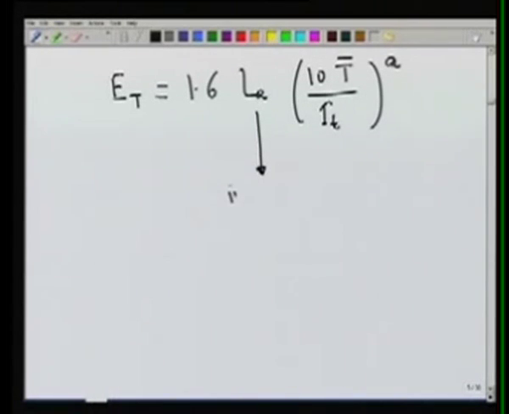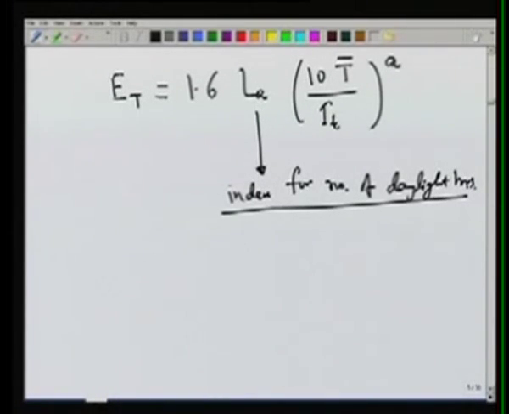L_a is an index for number of daylight hours, which, as you can see, is similar to what we had used earlier, daylight hours, but here it is defined a little differently. Again, it will be a function of latitude and month.